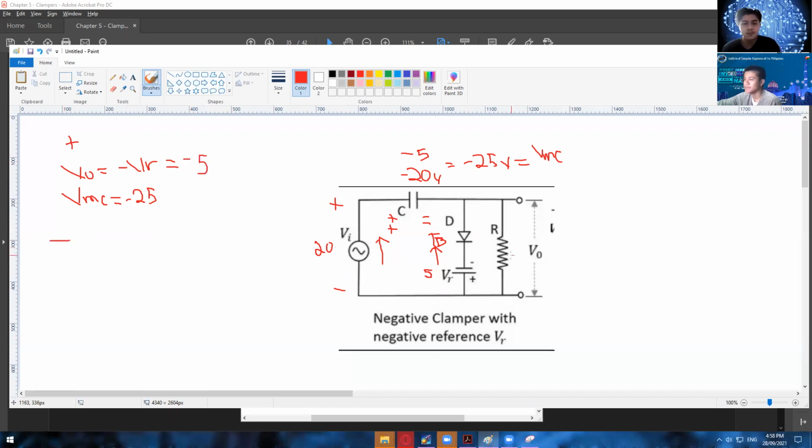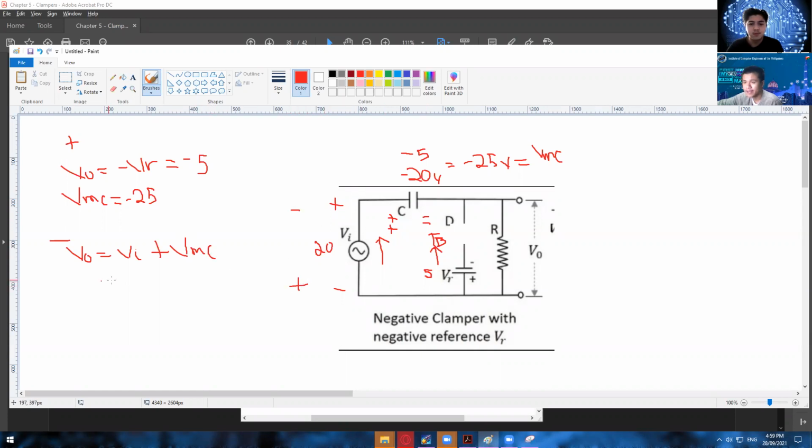And then during the negative half cycle, this capacitor now will be discharged. That is because this diode will become a reverse bias. So if that is the case, we can just simply use this formula. VO is equal to VI plus VMC. Okay, so negative half cycle.